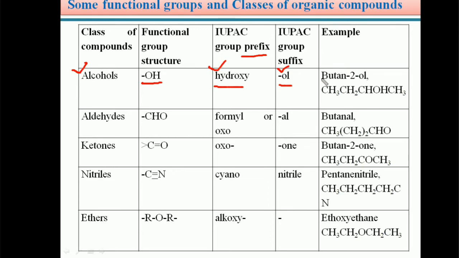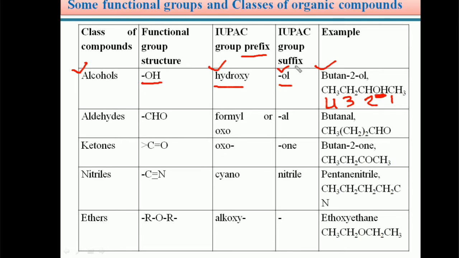For example, students, you can take 2-butanol or butan-2-ol. You can give numbering 1, 2, 3, 4. So here 4 carbon atoms are directly bonded and the second carbon has an OH functional group. OH is the principal functional group.